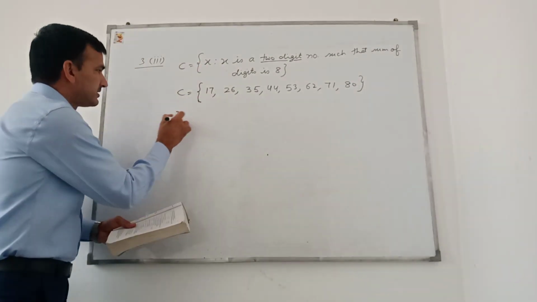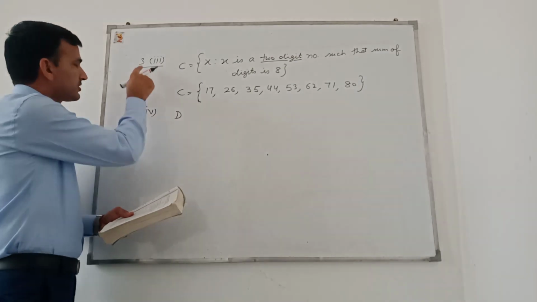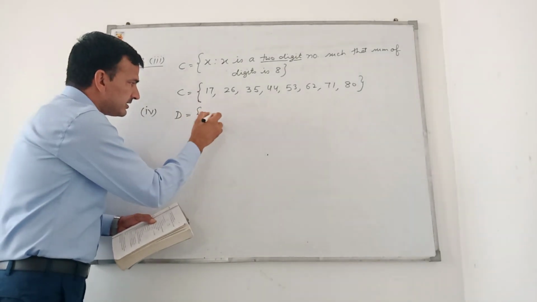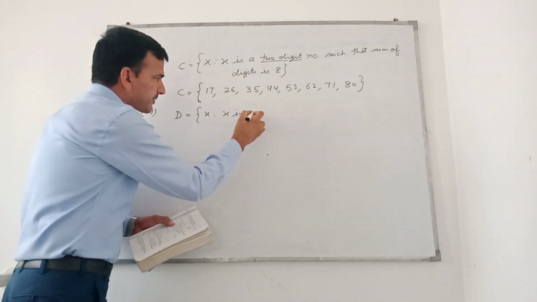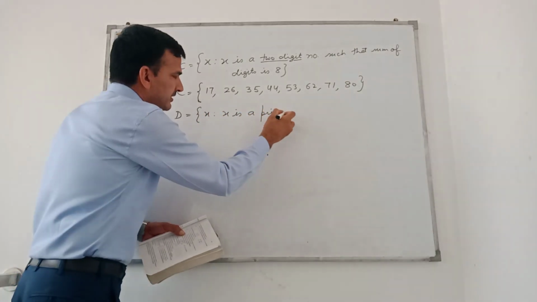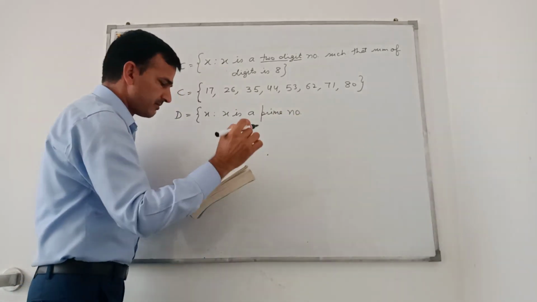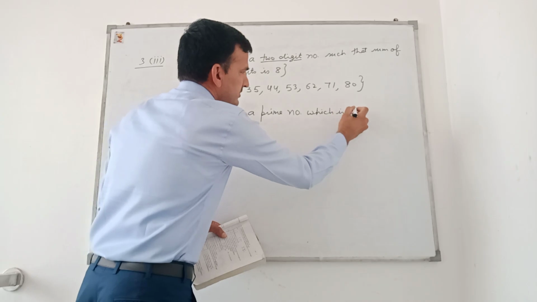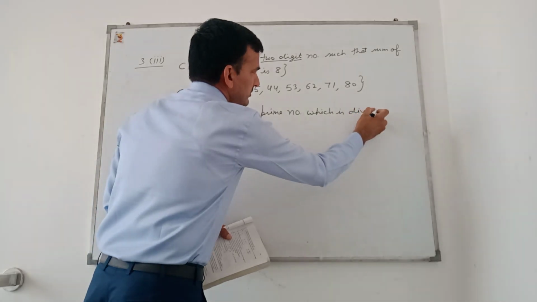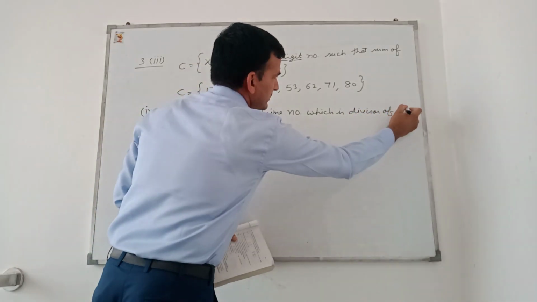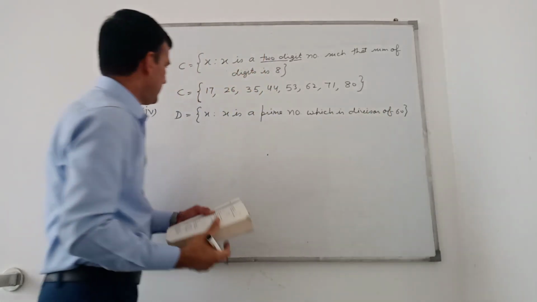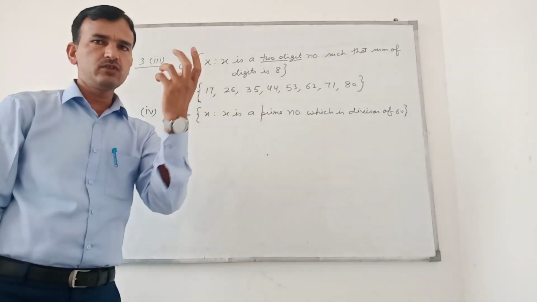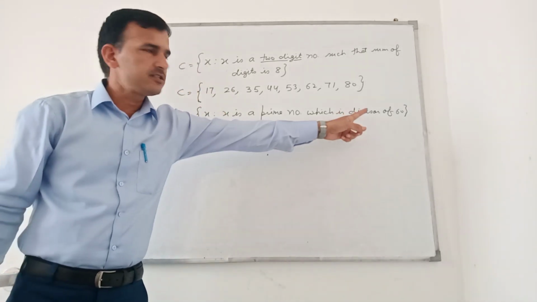Now the D part, the fourth part of the third question: set D is equal to {x such that x is a prime number which is a divisor of 60}. In this set, we have to write only those prime numbers which divide 60.